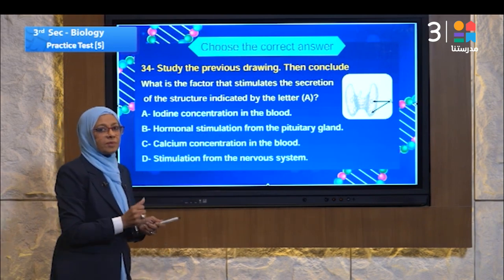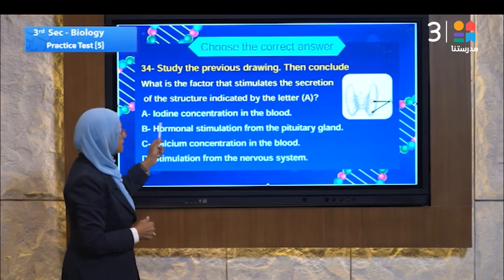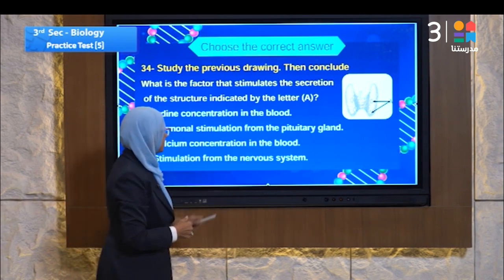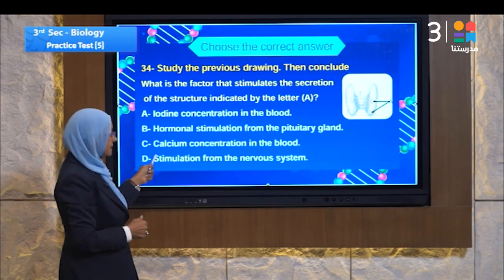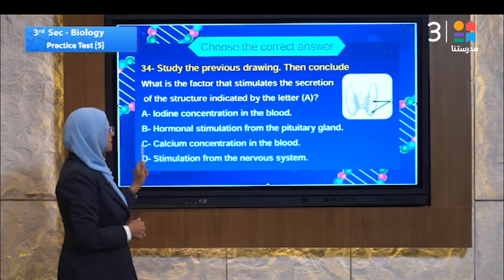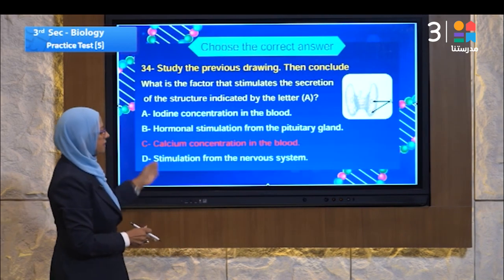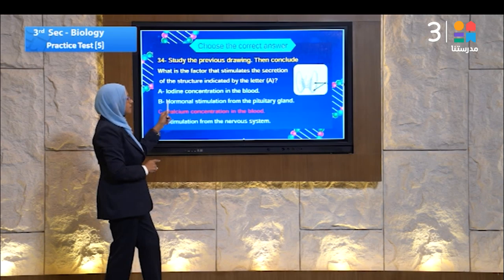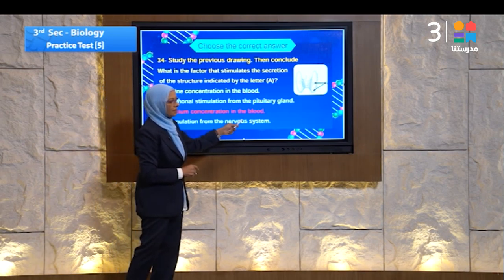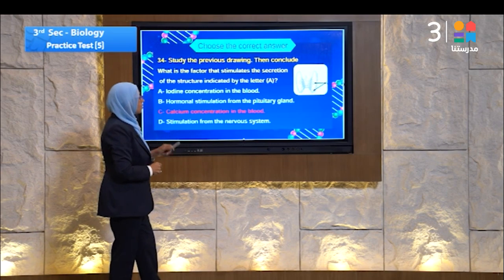No, it stimulates the thyroid gland. B, hormonal stimulation from the pituitary gland. C, calcium concentration in the blood. D, stimulation from the nervous system. So the answer must be C, calcium concentration in the blood, because it stimulates the hormone secretion.